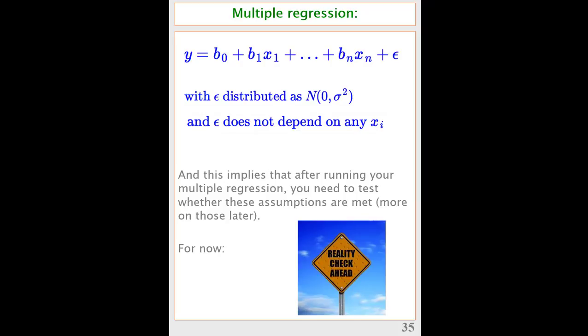And that implies that even though we are running these regressions now as if nothing is being assumed here, you actually need to be able to test this, and the only way to test it is after the fact. So we do it first, and then we check whether or not what we already did was actually allowed. Okay, this is just a warning for what we're up to later. First, we're still continuing with how to actually test all this. Okay, so this is the official model.